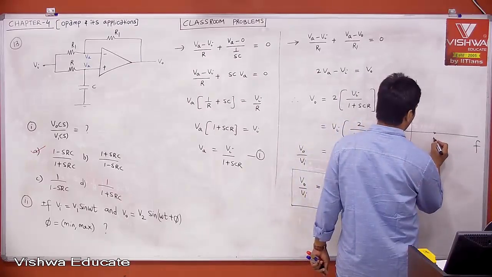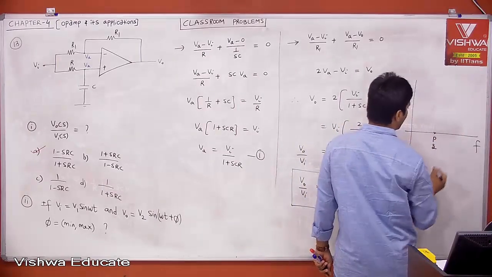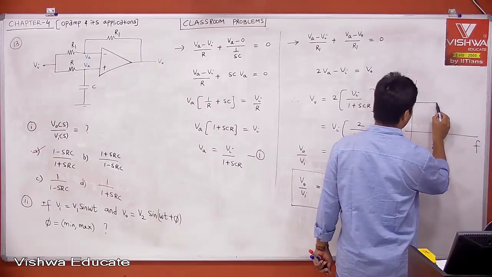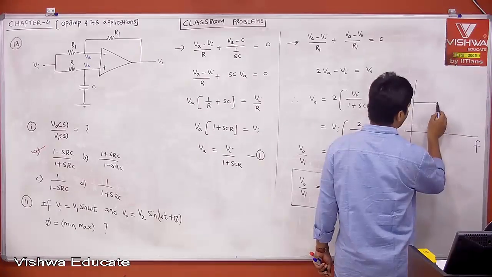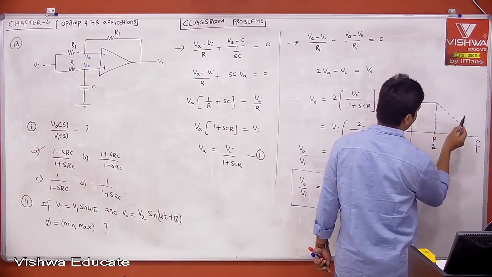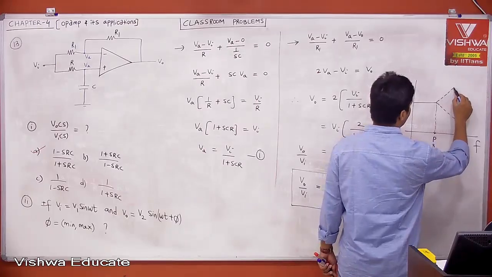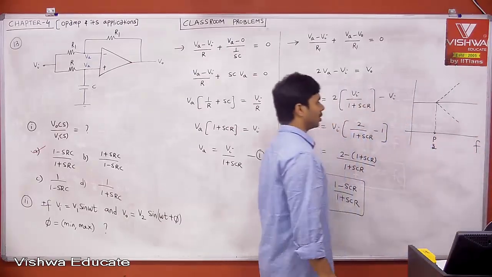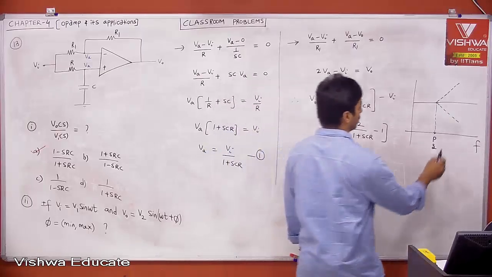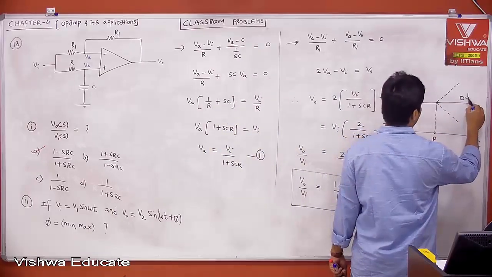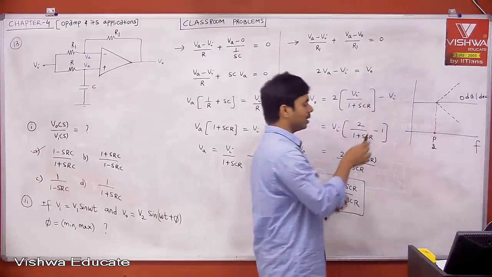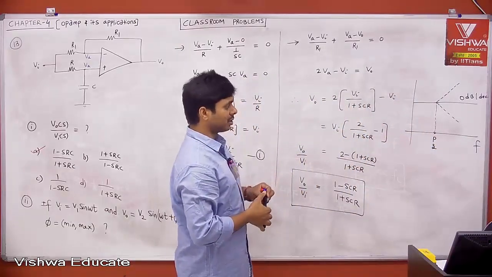Wherever you see a pole, it is minus 20 dB per decade, and wherever you see a zero, plus 20 dB per decade. Both will be cancelled, so you will get 0 dB per decade. The pole is exactly cancelled with the zero.